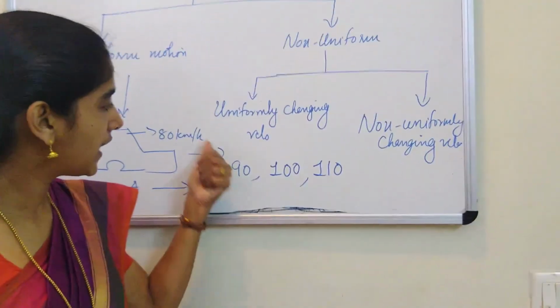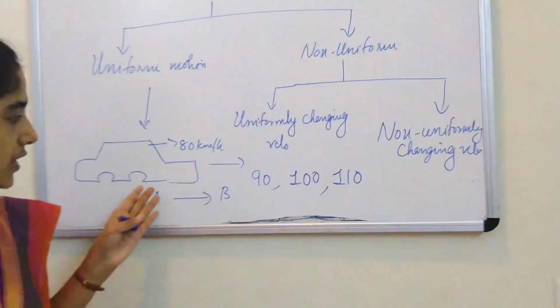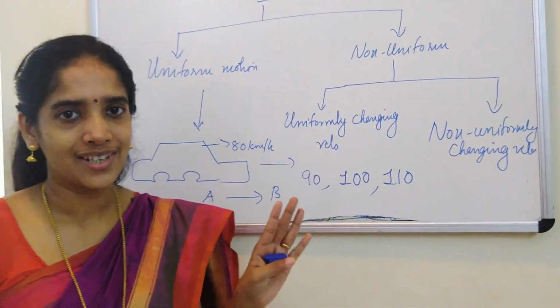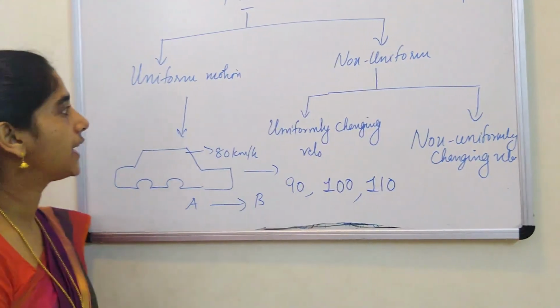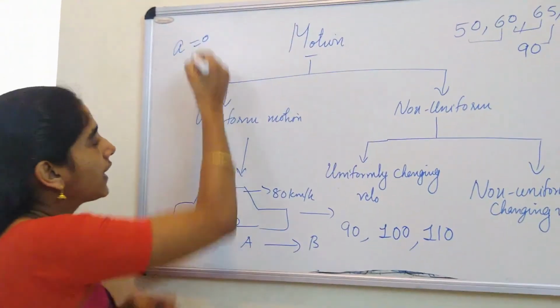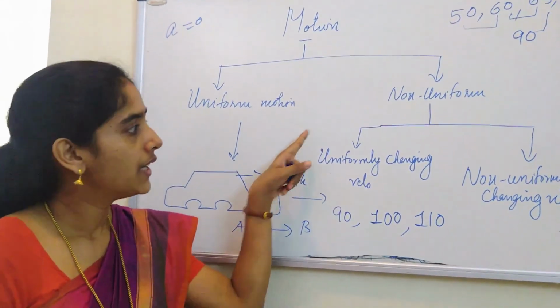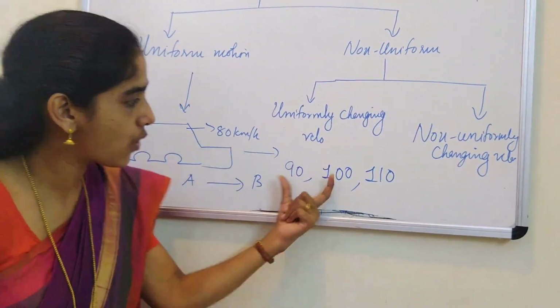And here what we say, uniformly changing velocity. And what was the first case? There is no change in velocity. So these all we can explain with the help of the quantity that we studied just before this one, that is acceleration. In one case, acceleration 0. Here there is acceleration, but you see here change is constant.